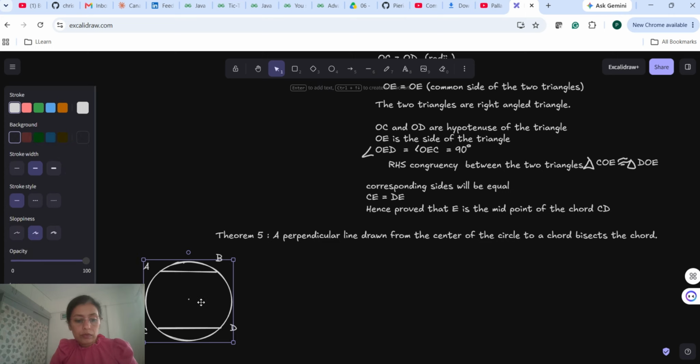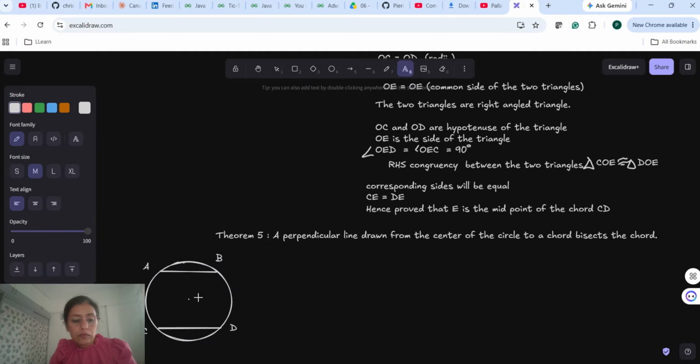This is cutting too close. Okay, it's fine. It's visible, right? So here what I have been given is, let's see what all is given.